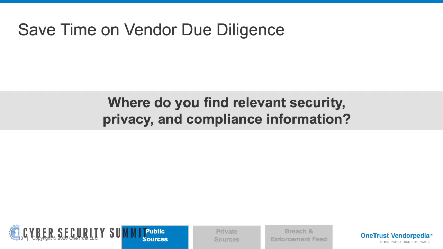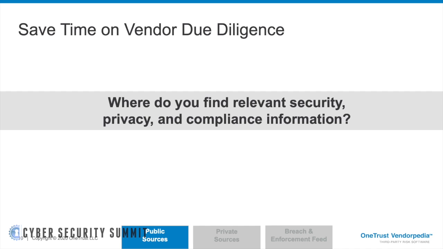So the benefits that your team or your organization are going to realize is a reduction in time spent trying to gather the information and an overall increased efficiency for your program, being able to populate and analyze that information.